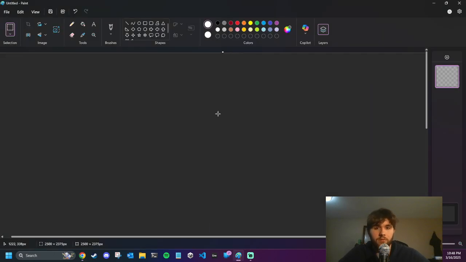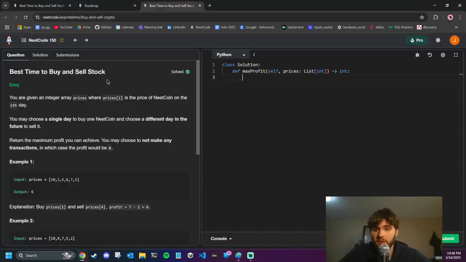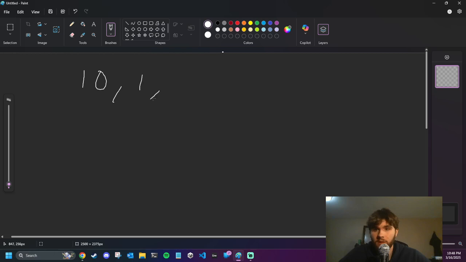So let's look at this and then we'll get back to that. So if we have 10, 1, 5, 6, 7, 1, our minimum starts out at 10. And then I would calculate the max profit we can get with this minimum.